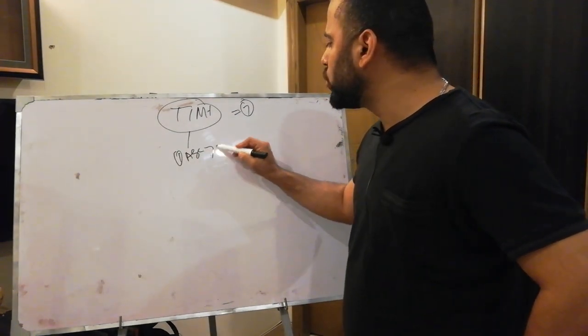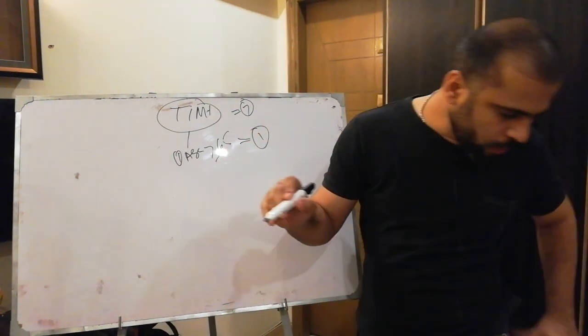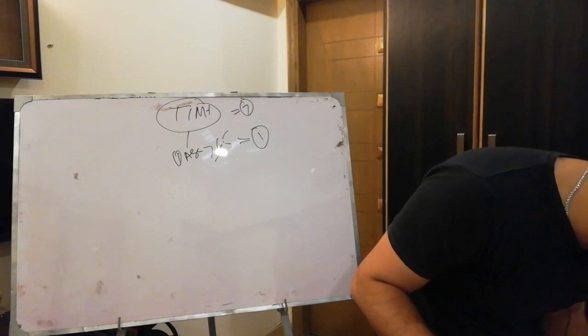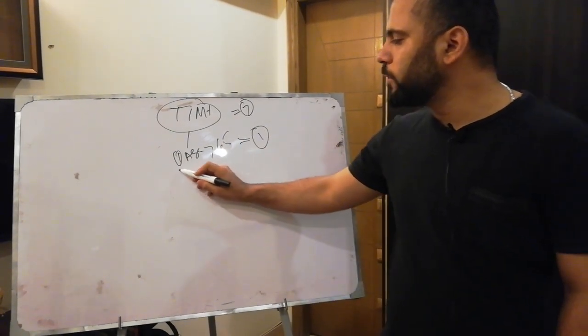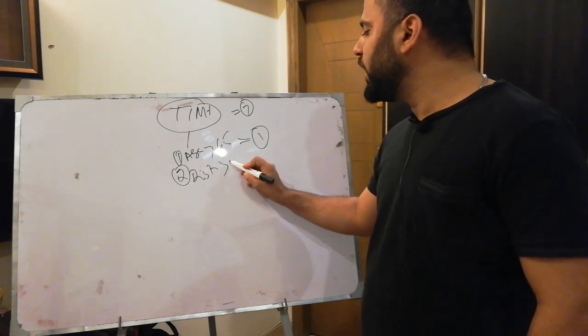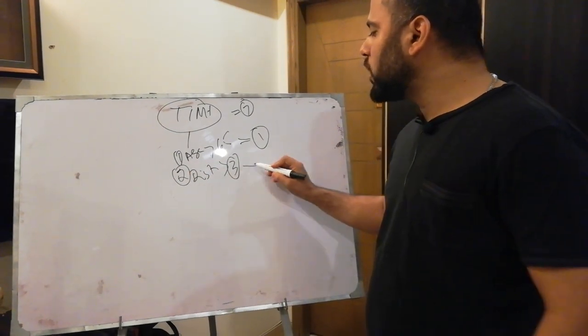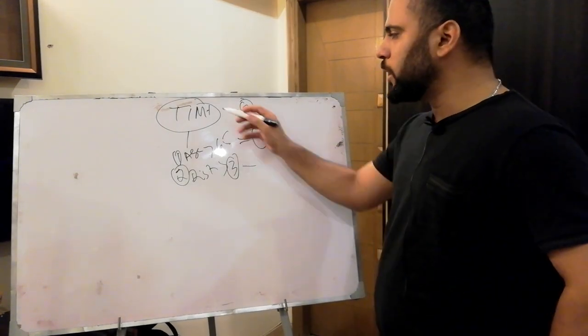If your age is 65 or more, then you will give 1 point to your patient. And if your patient has more than 3 risk factors, what are those risk factors which come in the TIMI score?